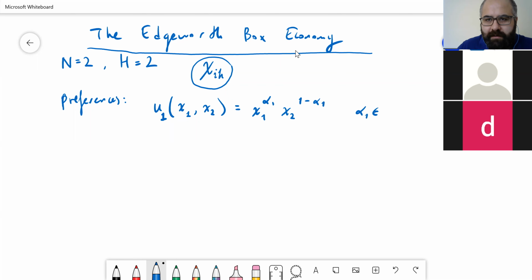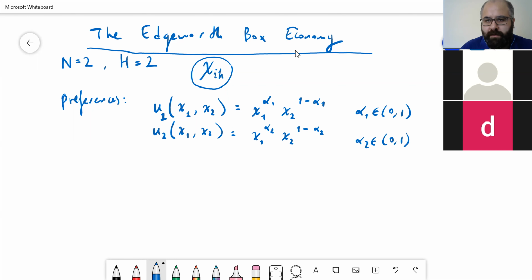Here we assume that alpha 1 is between 0 and 1. And then we have the second consumer, again consuming x1 and x2: x1 to the power alpha 2, x2 to the power 1 minus alpha 2. Again, alpha 2 is between 0 and 1.